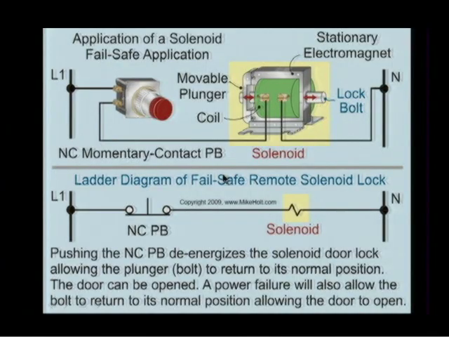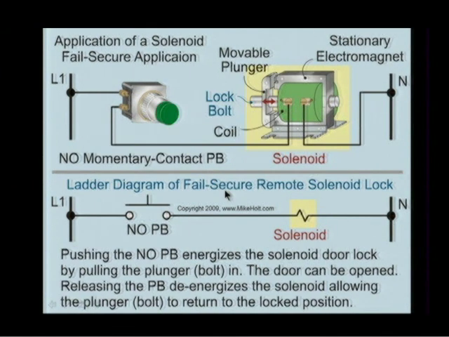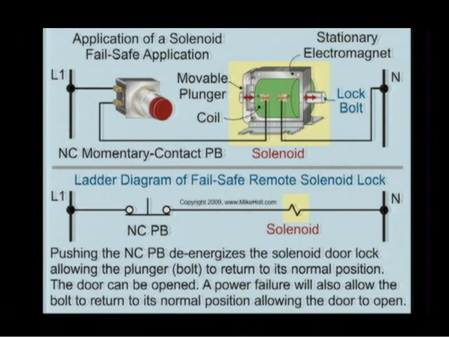But then again, we might have the next one. Now this is going to be fail safe. The other one was fail secure. So in a fail safe condition, we have line 1, normally closed, solenoid. That means the solenoid is always energized as long as the push button is not touched because it's normally closed.